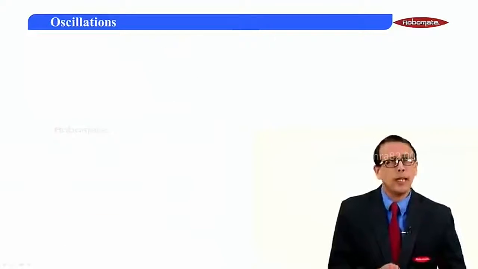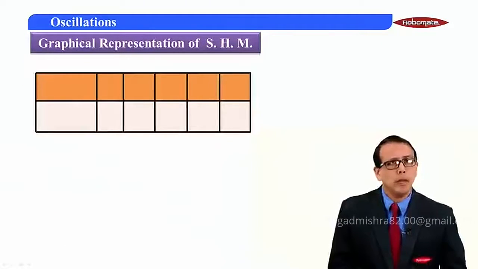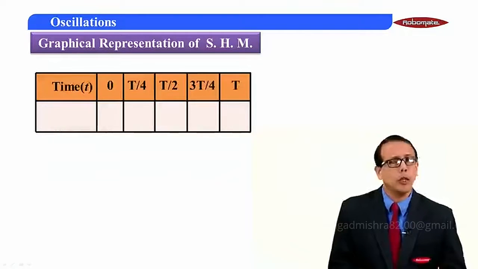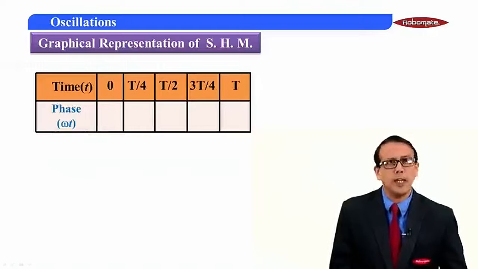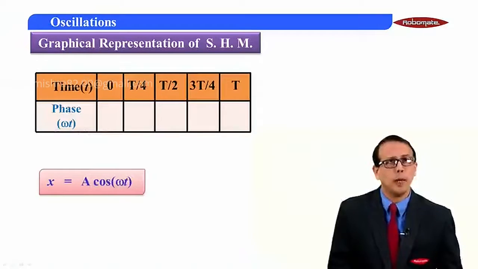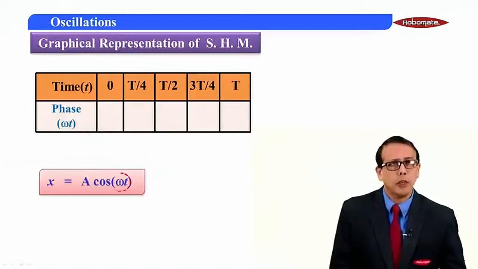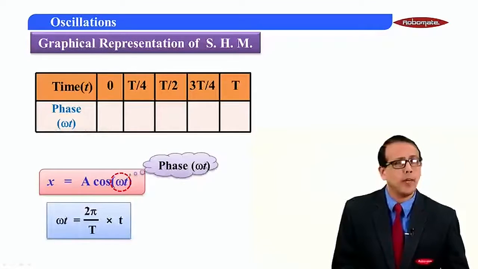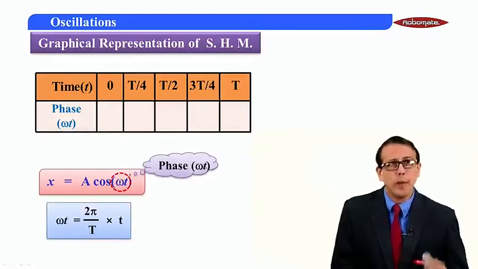Let's move with the next step, students. As seen in the previous modules, we'll take different values of t, and for different values of t, let's see what is the value of phase omega t. In the expression of x, omega t is nothing but phase, which can be written as 2 pi by capital T into small t.